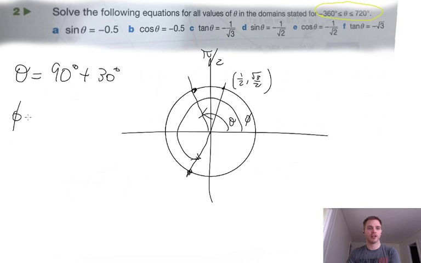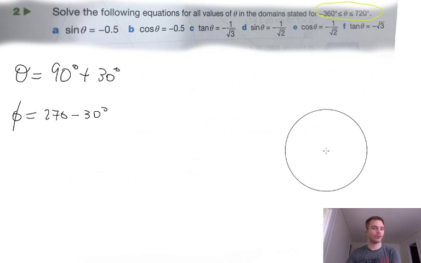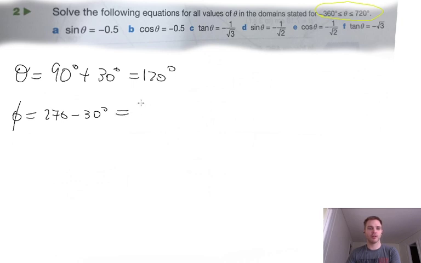And then phi is going to be, well, you can go to 270 and then back 30 degrees, or you can go to 180 plus 60, it's the same thing. So let's go 270 minus 30 degrees, okay. So these are going to be our two reference angles. We'll do everything in degrees so we don't have any conversions on this one. This is going to be 120 degrees. This is going to be 240 degrees.